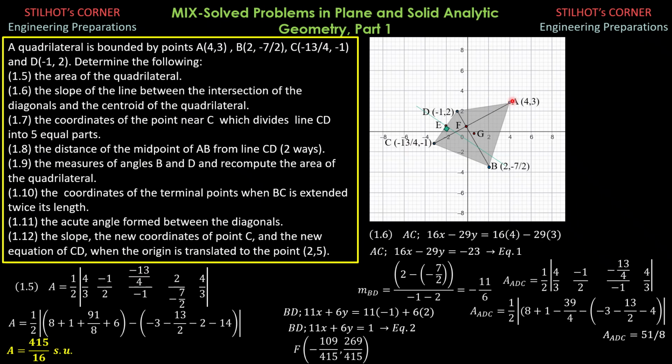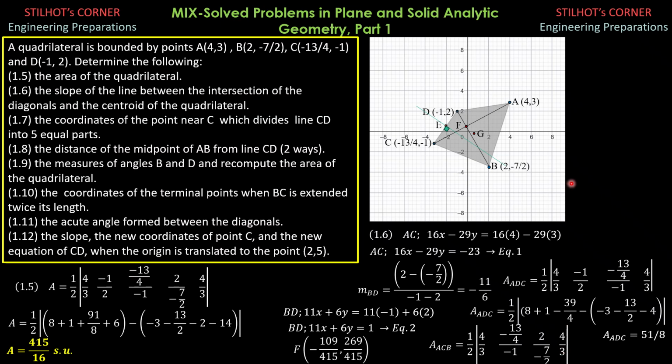Next, we need the area of ACB. So ACB is beginning at 4, 3 in counterclockwise direction. Area of ACB is equal to 1/2 of 4, 3, then negative 13 over 4, negative 1, then 2, negative 7 halves, back to 4, 3.